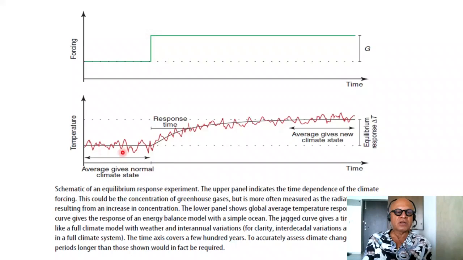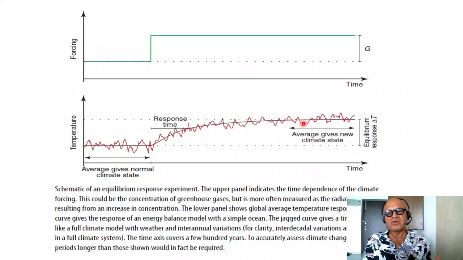Then the average of this forcing, where it's not increasing, like a normal climate or pre-industrial climate or counterfactual climate where the increase in greenhouse gas didn't happen, you have the natural variability and the average giving you the normal climate. When you jump the concentrations to a new level and suddenly increase the forcing, the response time is quite long, and the whole system has to adjust in terms of ocean uptake, vegetation response, warming, OLR changes, evaporation, the glacier melt, and so on.